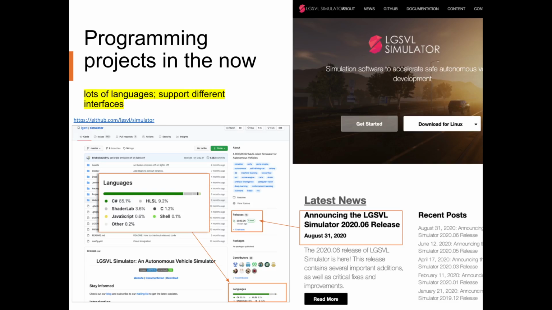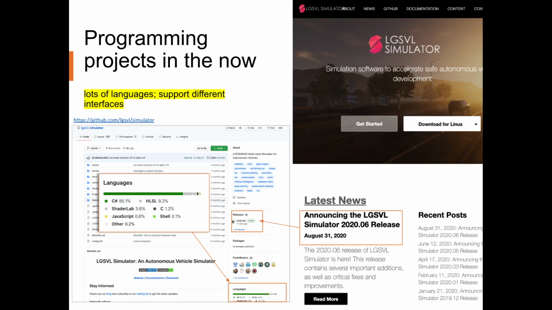I got this screenshot maybe in late 2020, and you could see in this box right here, the most recent release at that time was from June 2020. And this is their GitHub page, you can see that they've got a bunch of different languages in order to make this code.